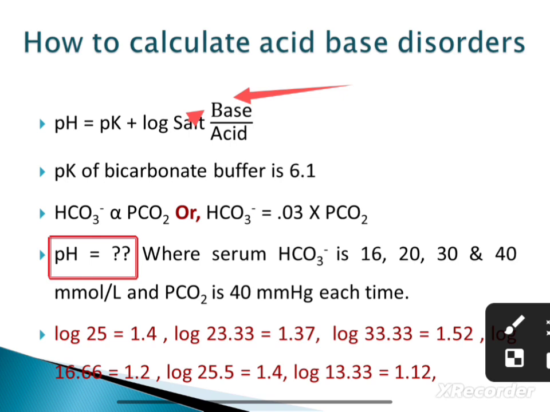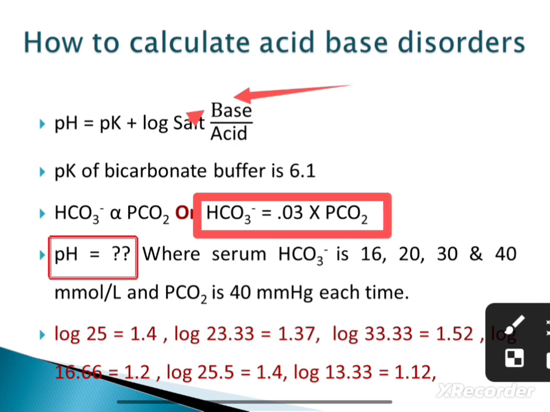And we all know the pK of the bicarbonate buffer is 6.1. And carbonic acid has a proportionate relationship with carbon dioxide, so we can say carbonic acid equals 0.03 times partial pressure of carbon dioxide.